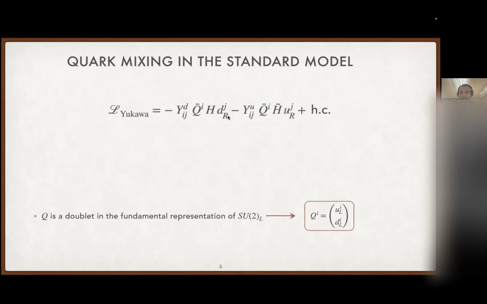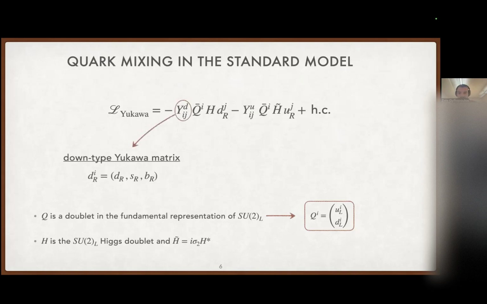And d_R and u_R correspond to the right-handed down-type quarks and the right-handed up-type quarks. And H, of course, is the Higgs doublet, which also transforms in the fundamental of SU(2). And the important thing here is that these Yukawa couplings are not one Yukawa coupling for each quark, but 3x3 matrices.